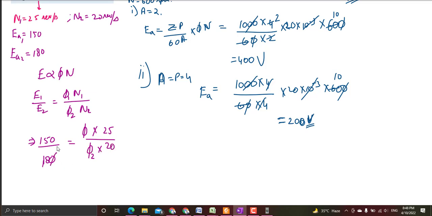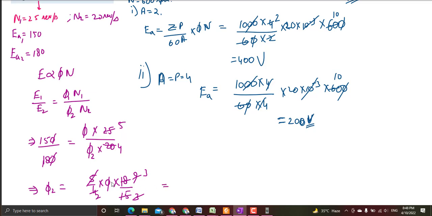Okay, so 0 0 cancels out, so here we will take phi 2, I can write here as 5 5s are 25, 5 4s are 20. So phi 2 here is 5 by 4 into 5 into 18 divided by 15. So 5 3s are 15, 2 2s are 4, 2 9s are 18, 3 3s are 9.